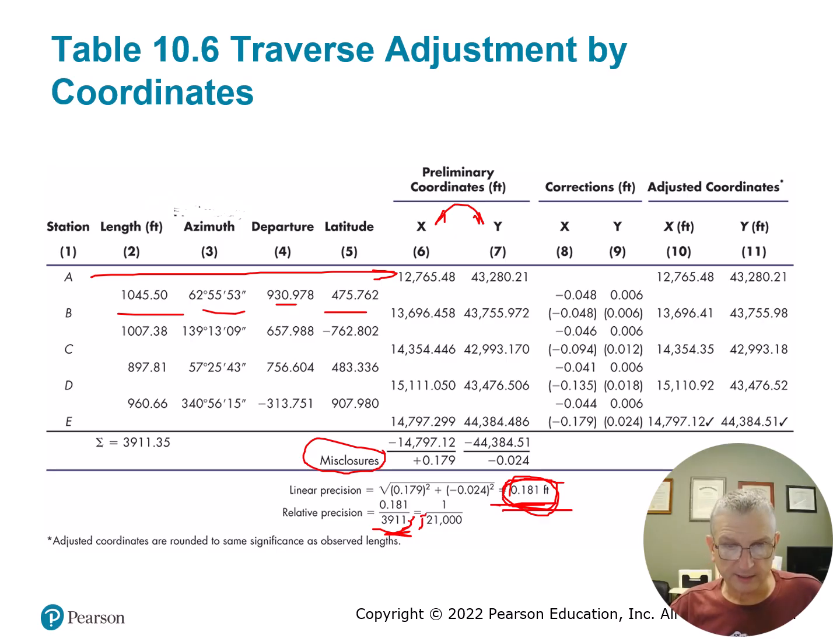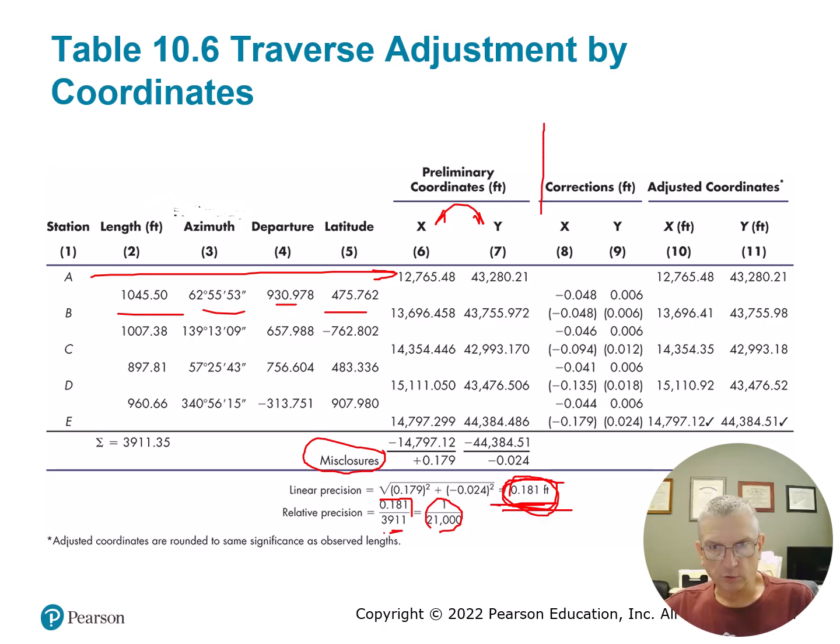Looks like they're just trying to get to the nearest foot. They're rounding a little bit more than what I would say is common in the current era. But you divide 3919.35 by your computed error, and you get 1 in 21,000 as your error of closure, when in actuality 3911.35 divided by 0.181 gives you an error of closure of 21,610.